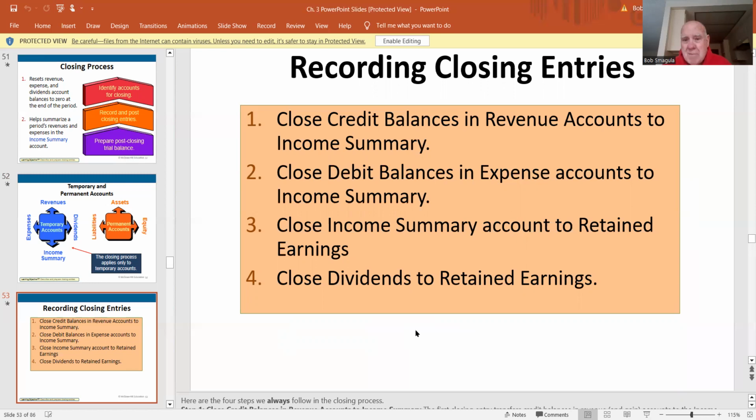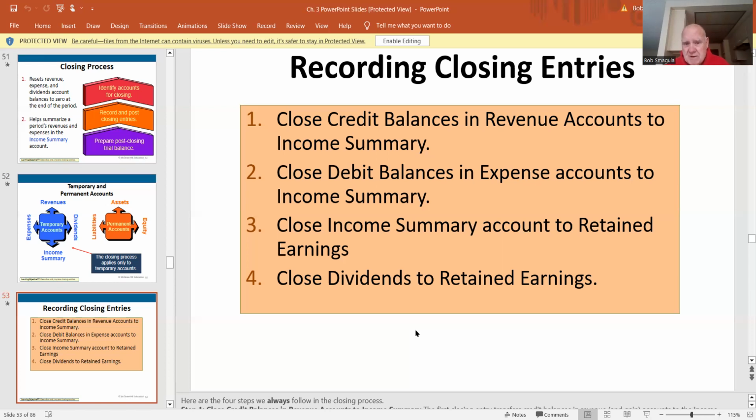So we're going to debit the revenue account and credit income summary. We do the same thing with the expenses, only we're going to credit each and every expense and debit the income summary. At that point, the income summary balance will equal our net income, right?